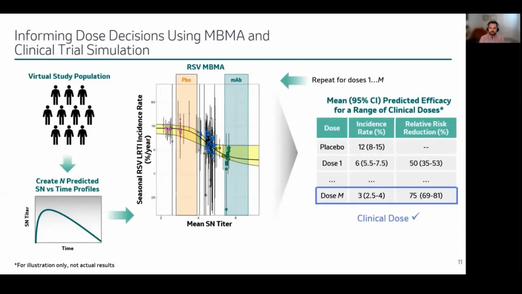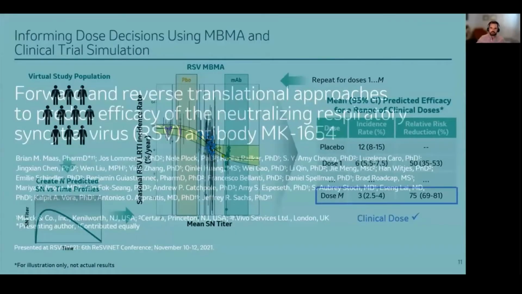And based on that, the MBMA can then predict the disease incidence rate for your treatment and placebo groups. And that can be used to calculate something like a relative risk reduction, which is a common endpoint or measure of drug efficacy in a late stage trial.